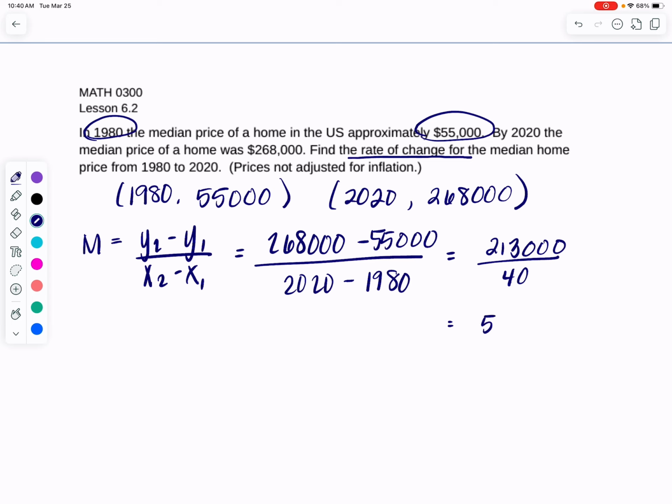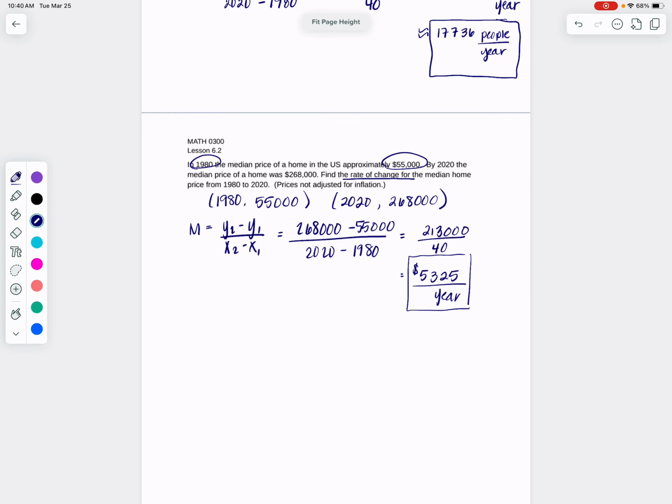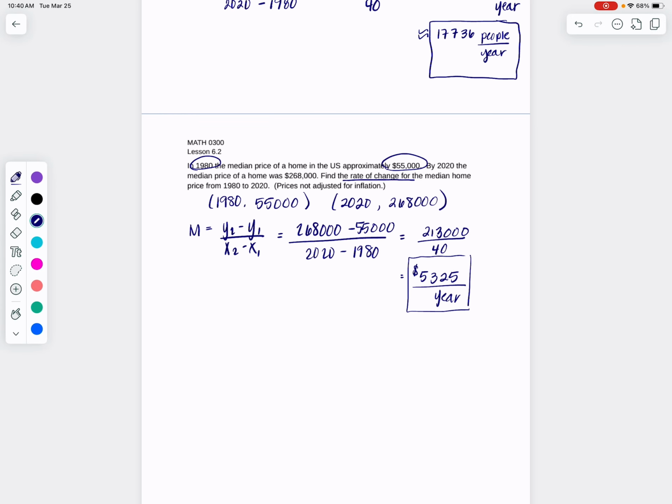So this is $5,325 per year for the rate of change for my median home price. So each year, so from 1980 to 1981, it went up $5,325. In the next year, it went up by the same amount.